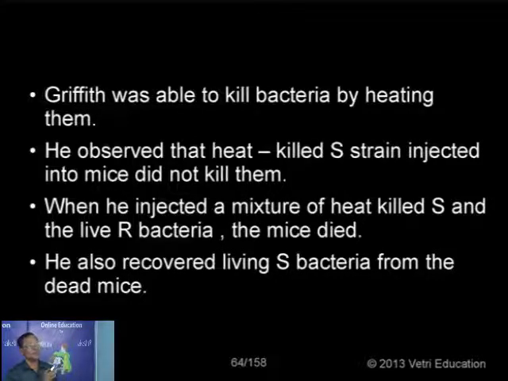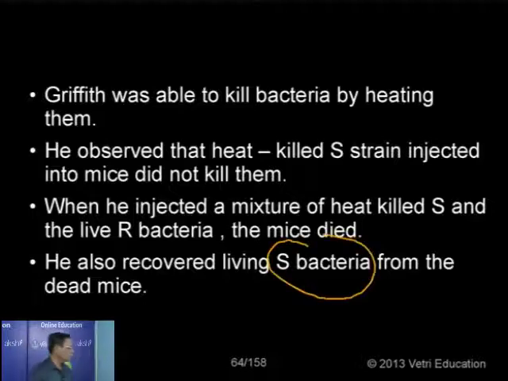Previously there was no injection of S cells. We injected only the S DNA along with R cells. But after the death of the organism, he was able to recover some S cells from the dead mice. That means the R cells have been transformed into S cells.